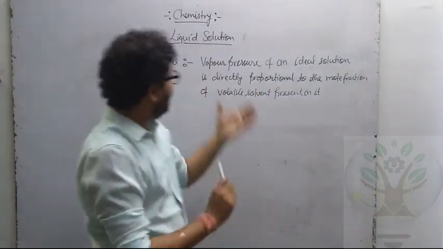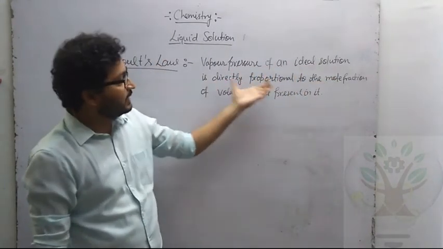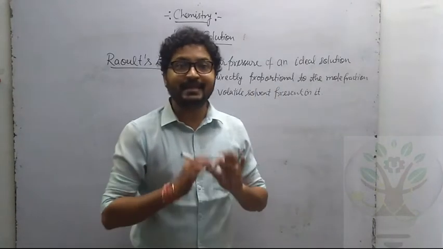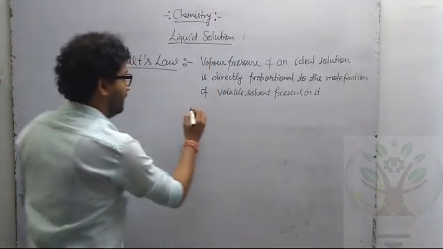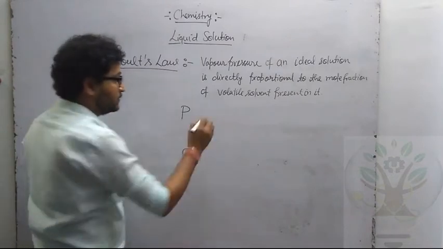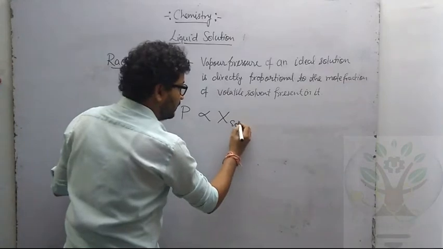Raoult's law says vapor pressure of an ideal solution is directly proportional to the mole fraction of volatile solvent present in it. Means if P is the vapor pressure of solution, it will be directly proportional to mole fraction of solvent.